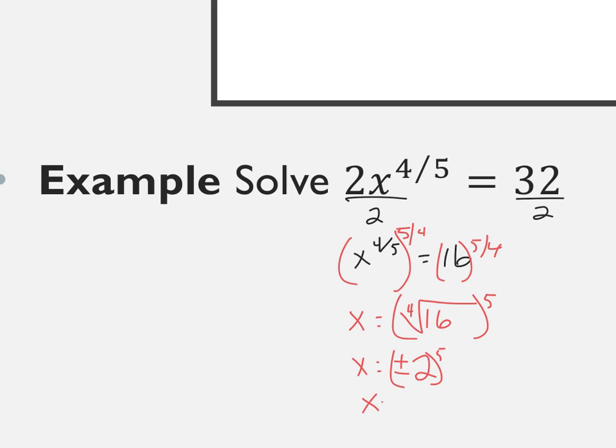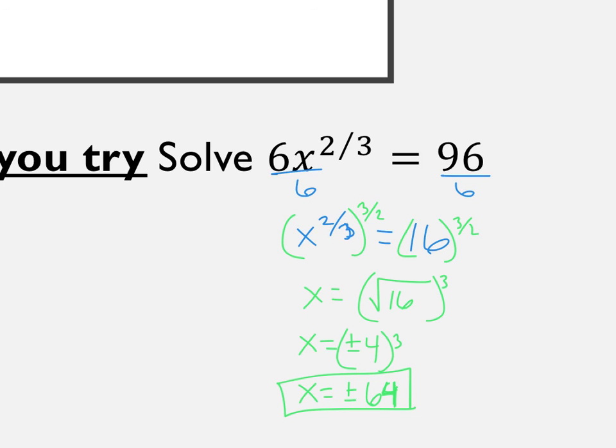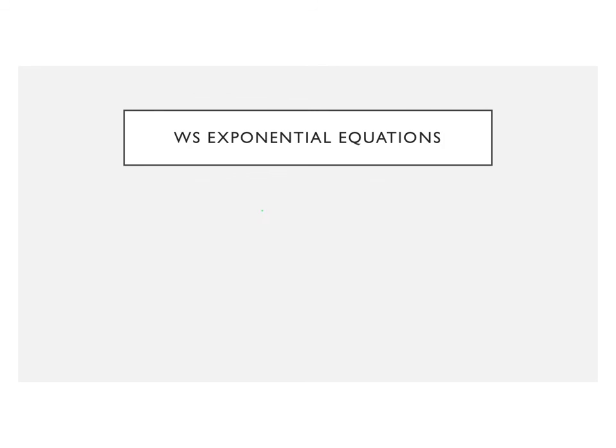So we'll have x equals plus or minus 32. And guess what? Both solutions work when you check them in a calculator. I want you to take a minute or two to try the example you tried. Okay, so in this case, you will get x to equal plus or minus 64. And remember, you need that plus or minus because you have an even denominator in your exponent, which means you have an even root. Time to practice.